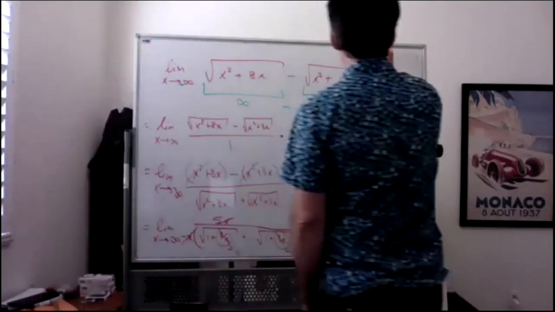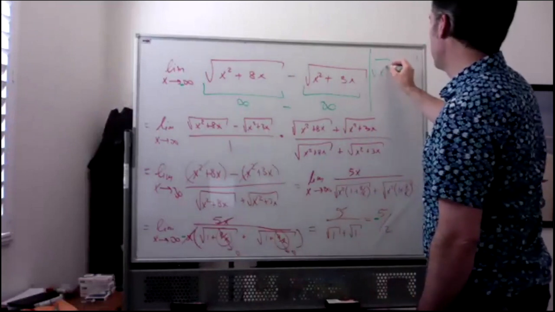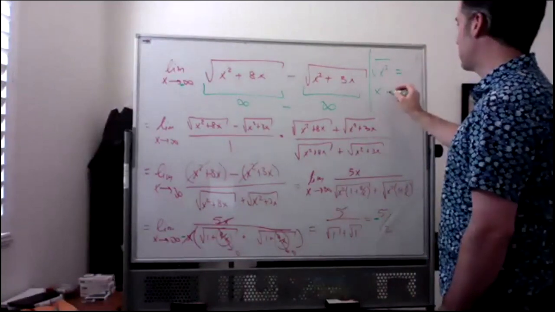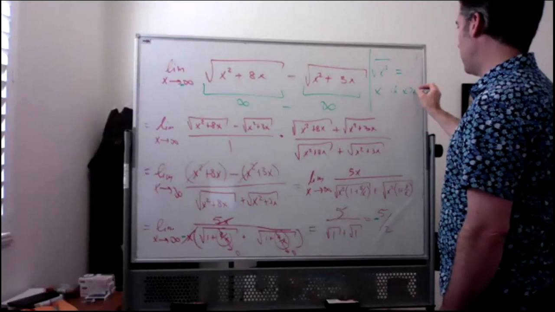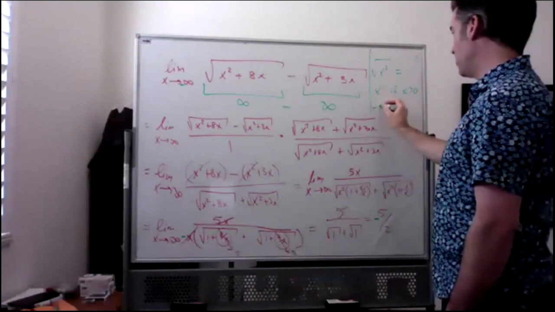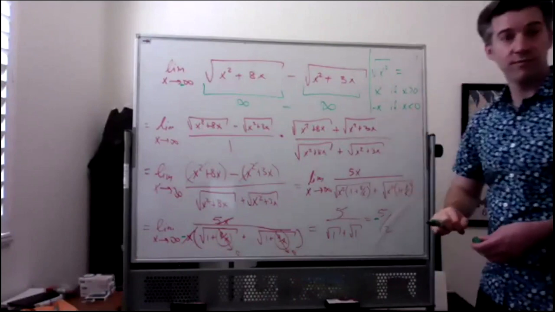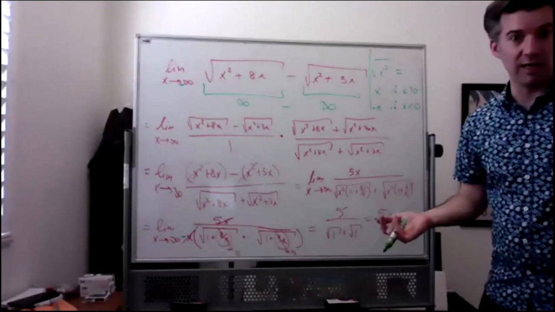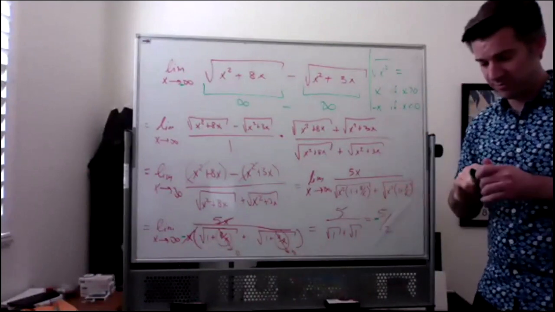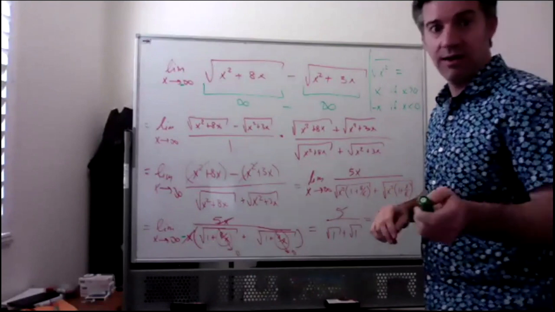The square root of x squared is equal to x if x is positive, but it's equal to negative x if x is negative. And if you're going to negative infinity, your x is definitely negative. Okay, thank you very much.